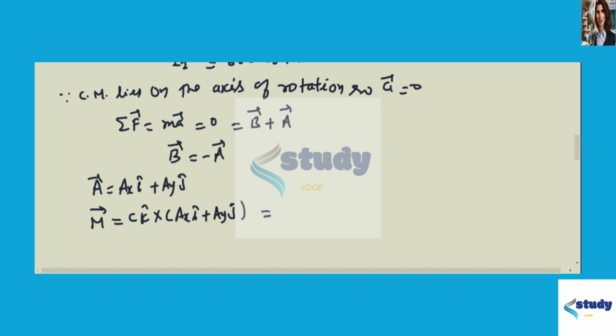So this becomes C Ay i cap minus C Ax j cap.